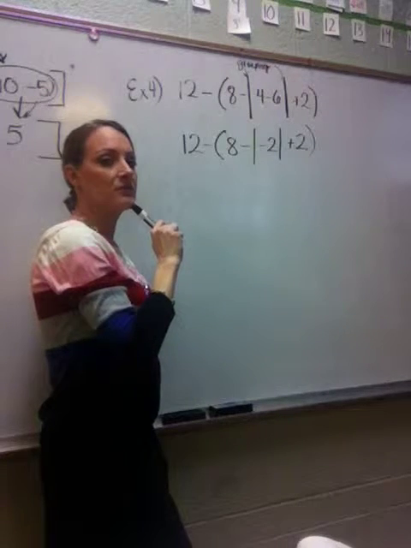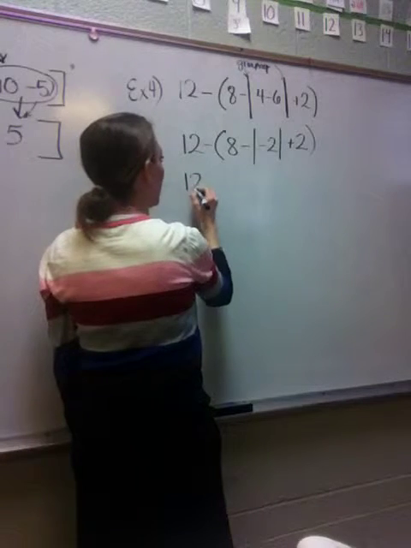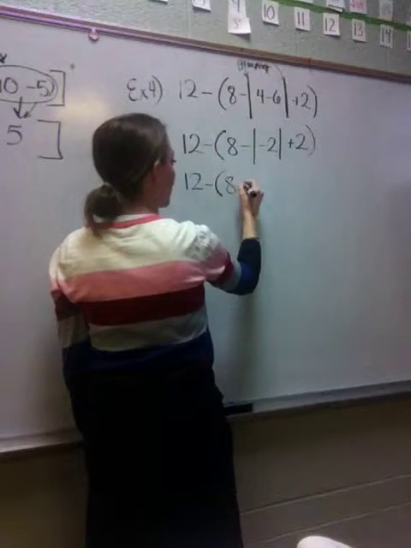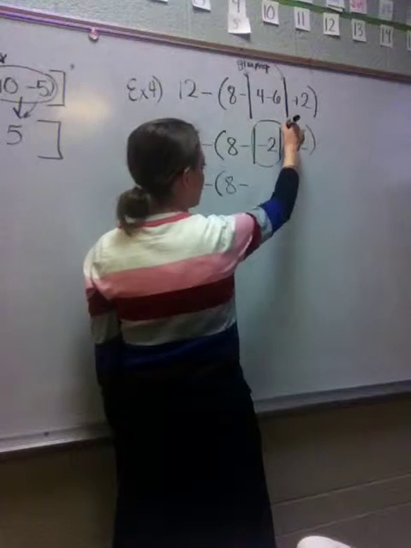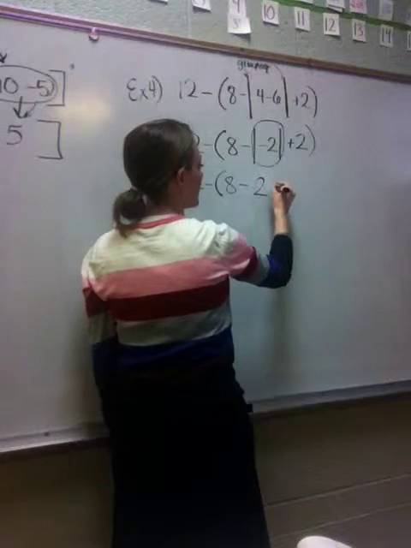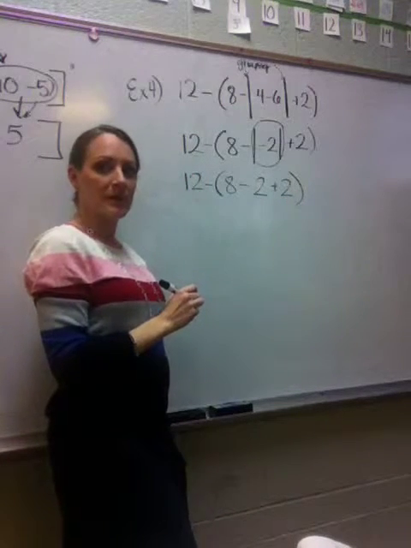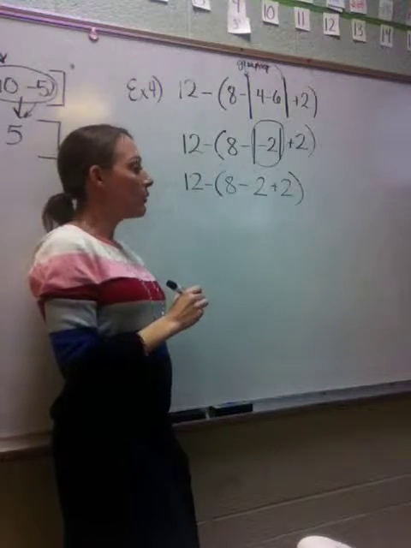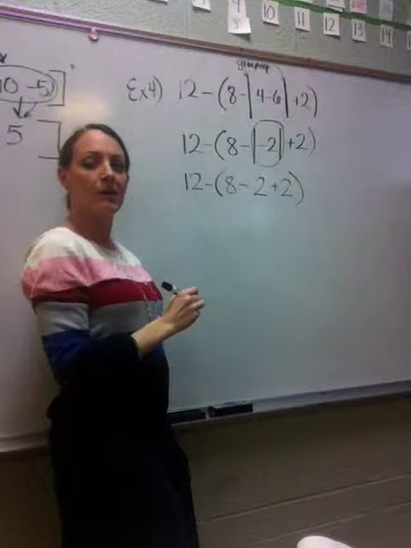What's the absolute value of negative 2? 2. So now I have 12 minus, open parentheses, 8 minus 2, plus 2. Does that make sense? We okay there? So now, where do I go?